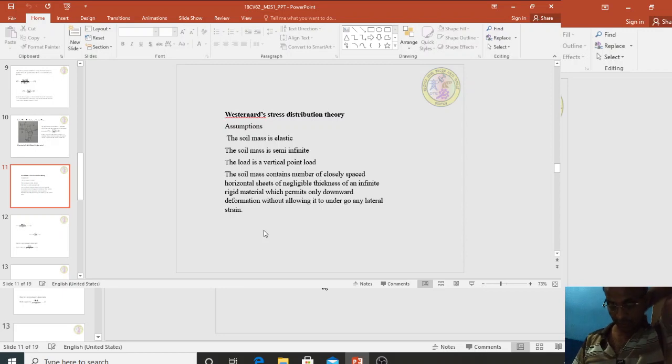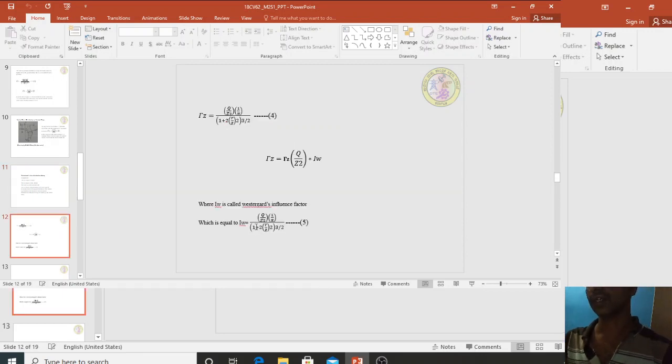As Boussinesq assumed that it is a homogeneous soil, he assumed that it is a heterogeneous layer by layer formation, and apart from that he also assumed that it is an elastic, semi-infinite soil, and the load is a point load. So according to him, sigma z is Q by z square into 1 by pi divided by 1 plus 2 into r by z whole square, whole to the power 3 by 2.